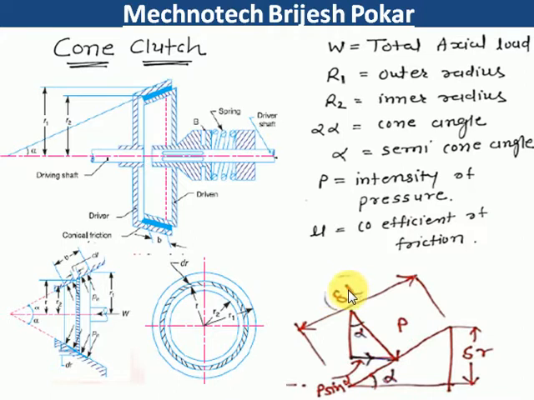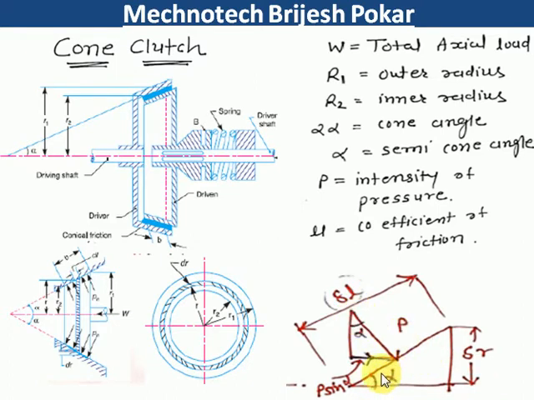In a plate clutch we consider only delta R, but in a cone clutch we have to consider delta L. The load is over here in this direction.